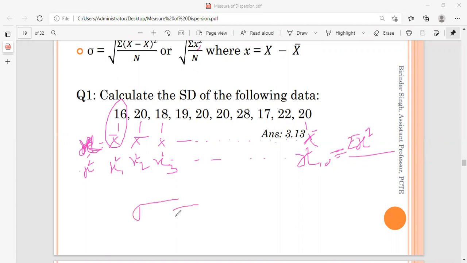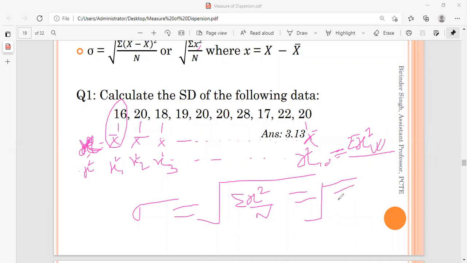Now it's quite simple. Sigma is equal to the square root of sigma x squared by n. You have computed sigma x squared here. Just put this value here as the numerator, and n is simply 10. Divide this numerator by 10 and compute the square root.